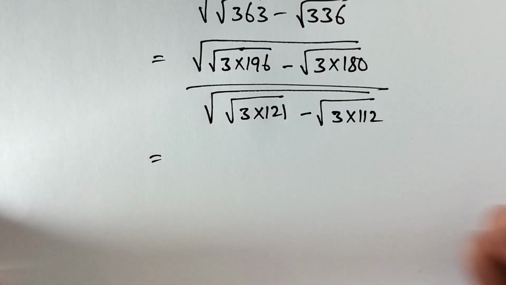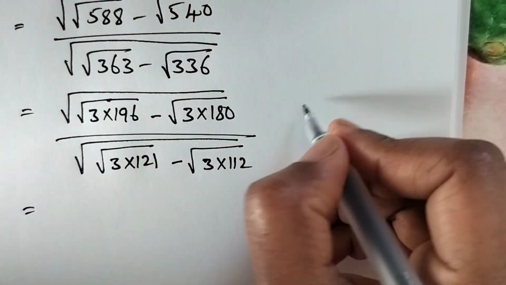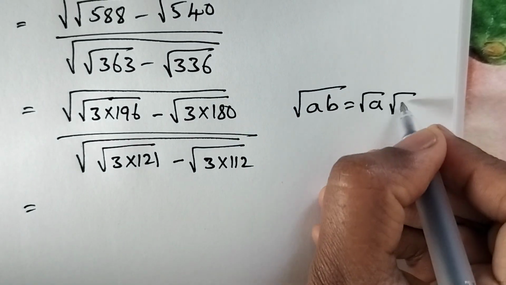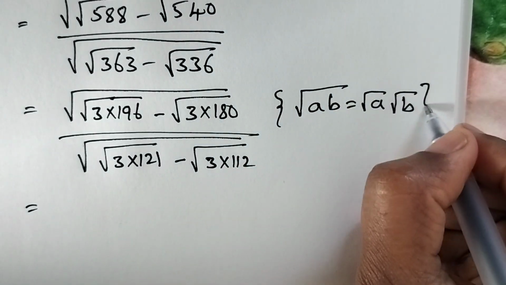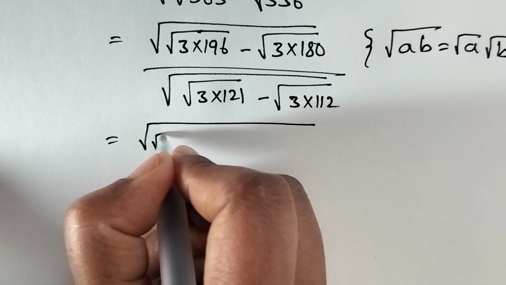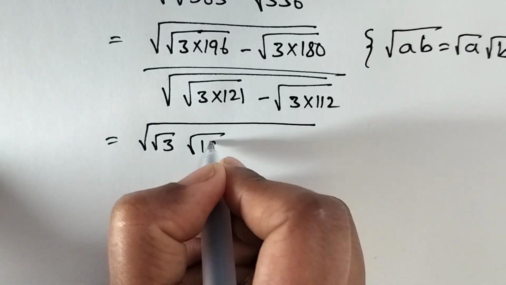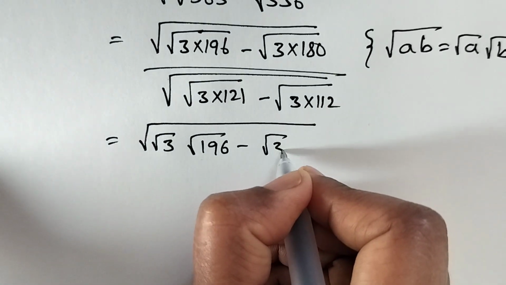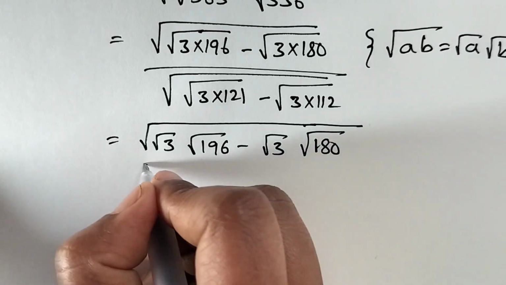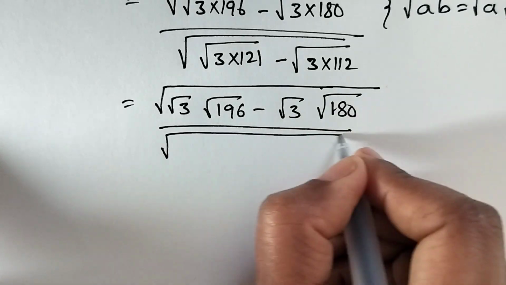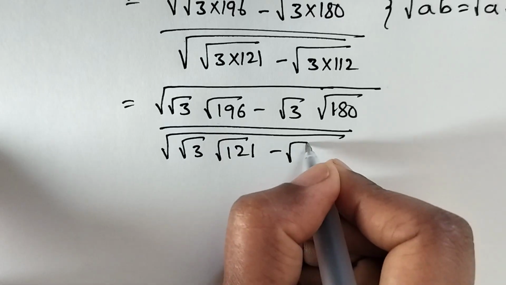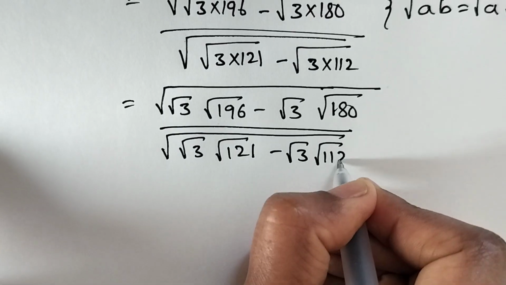And now we can apply this formula: the square root of a times b is equal to the square root of a times the square root of b. Applying this, we can write the square root of 3 times the square root of 196 minus the square root of 3 times the square root of 180, divided by the square root of 3 times the square root of 121 minus the square root of 3 times the square root of 112.